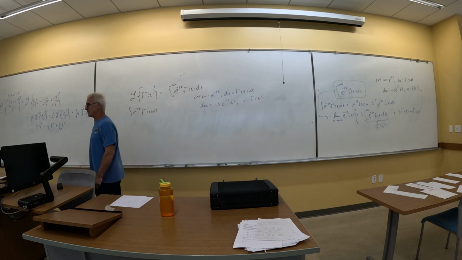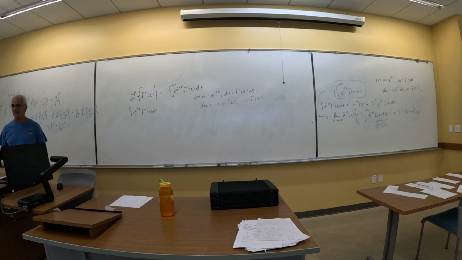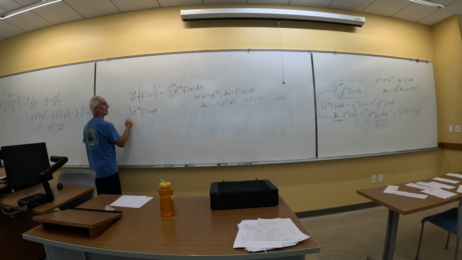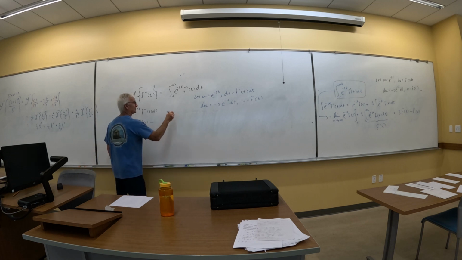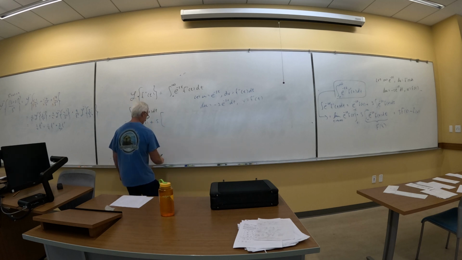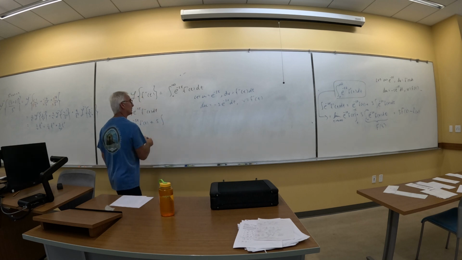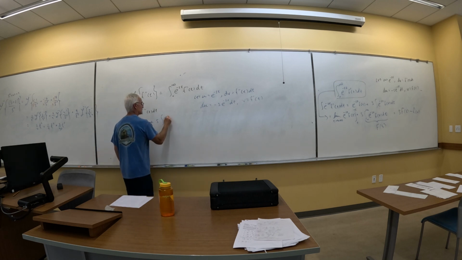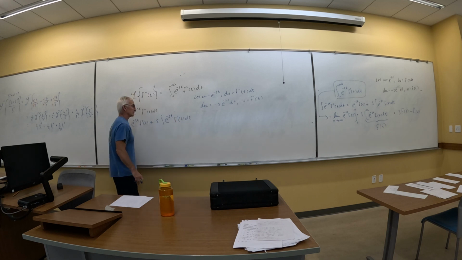This is part of the bounding things so that I can make sure that they're not going to grow out of hand, by the way. So what does this become? uv, so it's e to the negative st f prime of t, plus s times the integral of e to the negative st f prime of t dt.